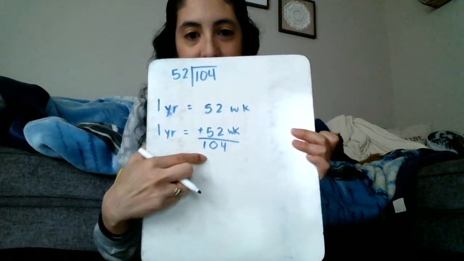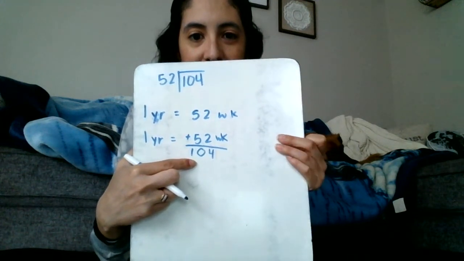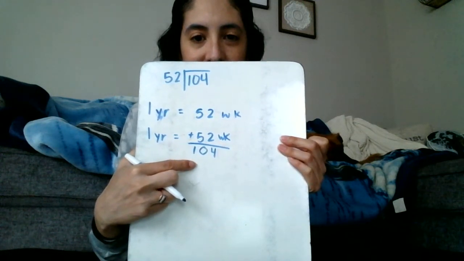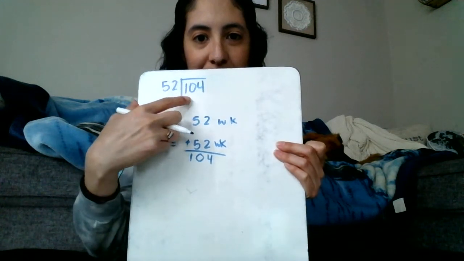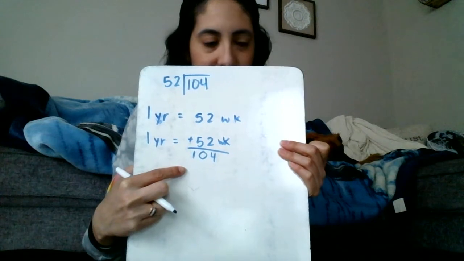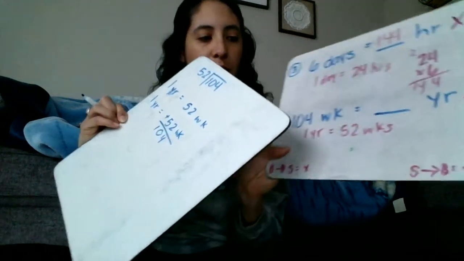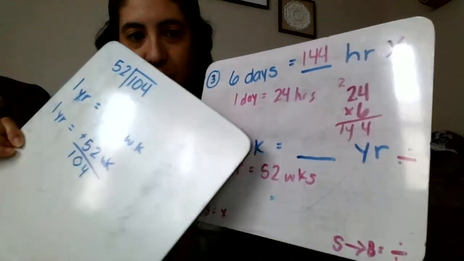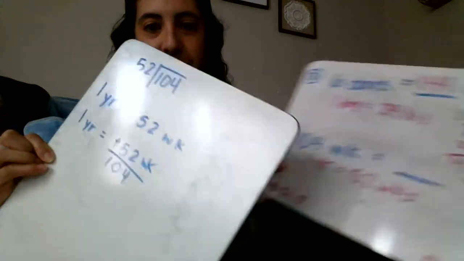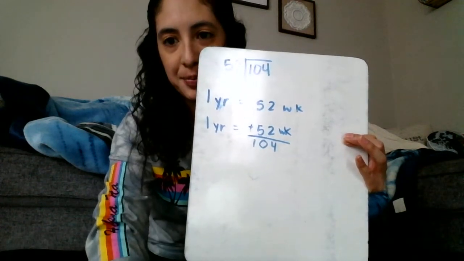Oh, look. What did I just get? 104, right? Isn't that the number that I was working with? So if I want to go from weeks to years, what was my answer that I found out here?